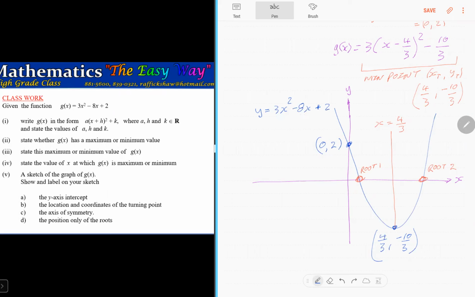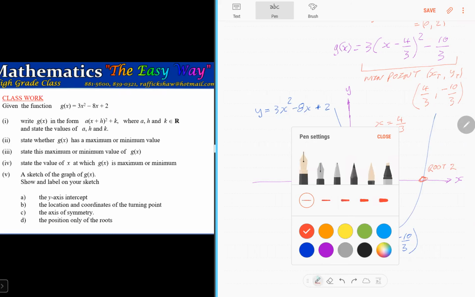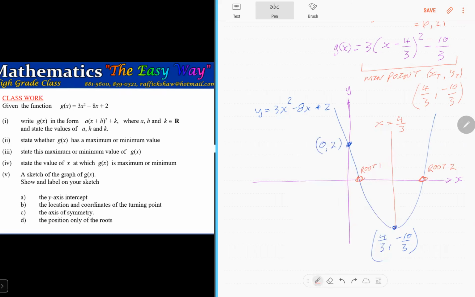What do we know about the two points with the roots? Those two points are points on the x-axis. And for points on the x-axis, what we know is that the y value equals 0. So this point is a point where the y value is equal to 0 because it's on the x-axis. Also, this point is a point where the y value is equal to 0.